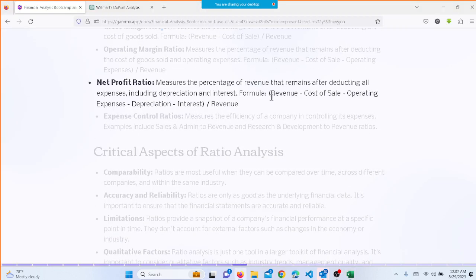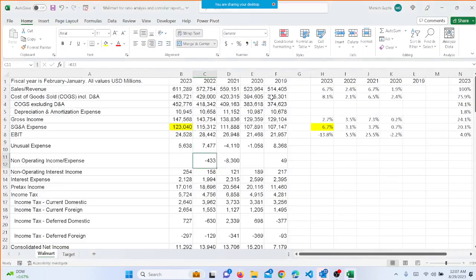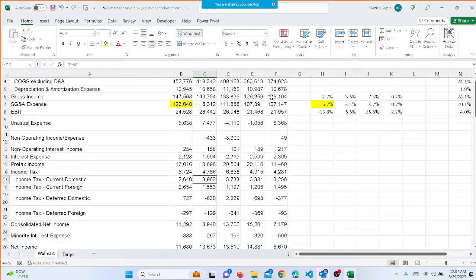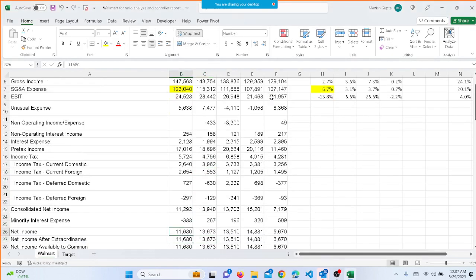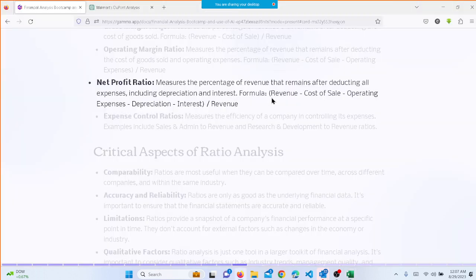Then the net profit ratio, this is after we calculate everything: operating expense, depreciation, interest, everything. So here is the pre-tax information, or the income tax. After income tax, everything is 11,000, 13,000, and this kind of information is there. So that's how we can calculate it.